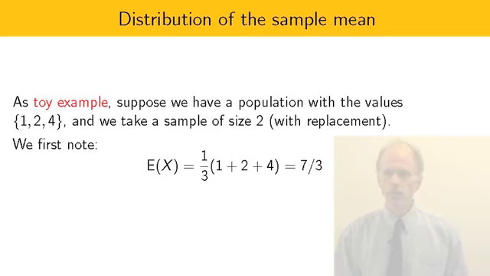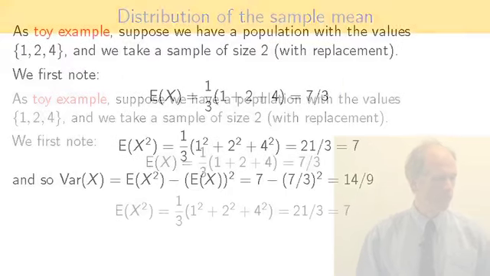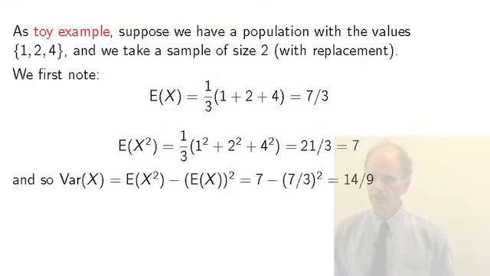And the expected value of x squared, we could note, is, in the same calculation, 1 squared plus 2 squared plus 4 squared. Each of those times a third gives us 21 over 3, so that's 7. And so the variance, which is the expected value of x squared minus the mean squared, is 7 minus (7/3) squared, which is then going to be 14 over 9.